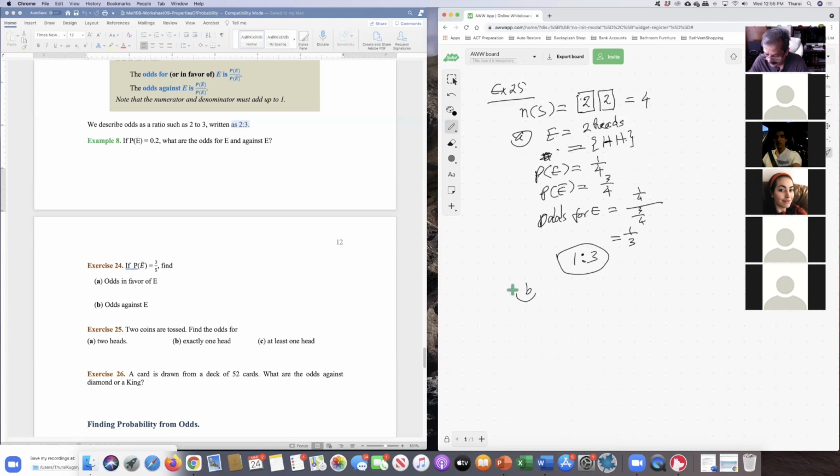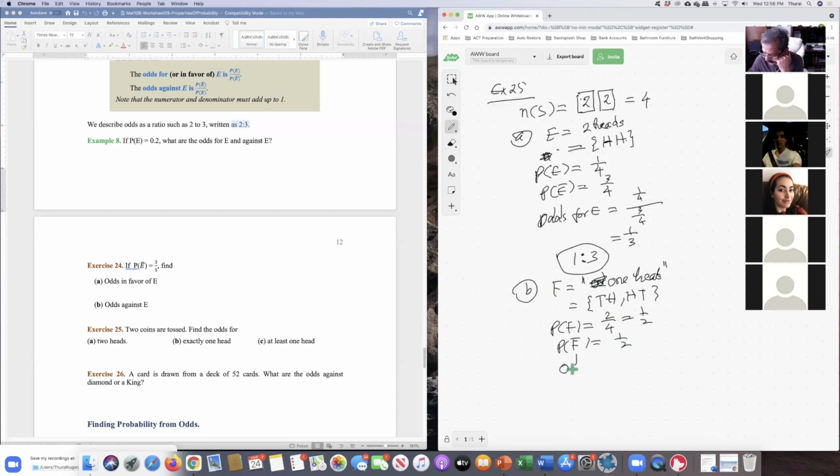Part B says, what are the odds for exactly 1 head? The event F will be having one head. What are the elements that will make this event happen? Head tail and tail head. Only 2 elements will make that happen. So probability for this event is 2/4, which is 1/2, and probability of F bar is also 1/2.